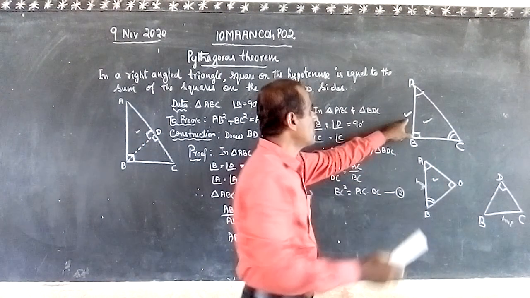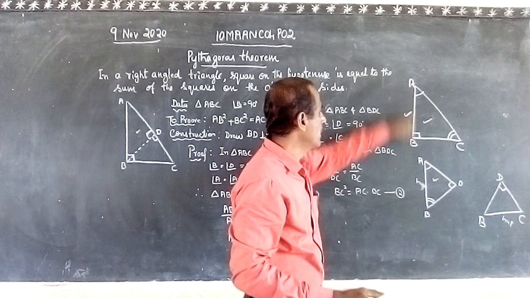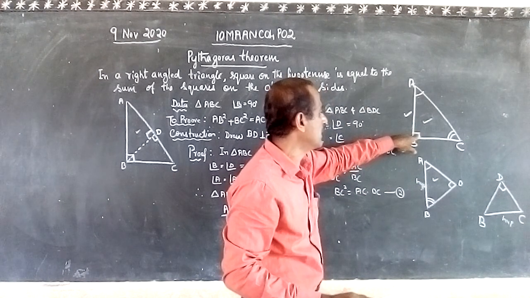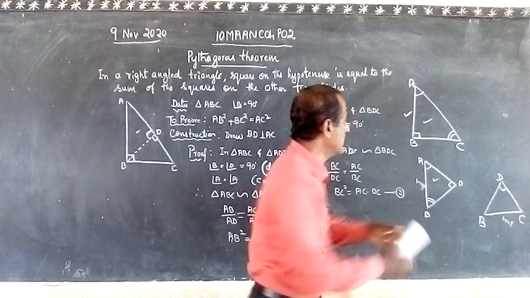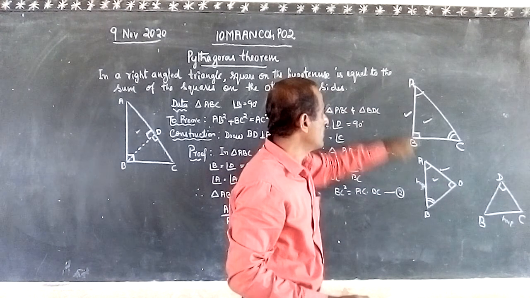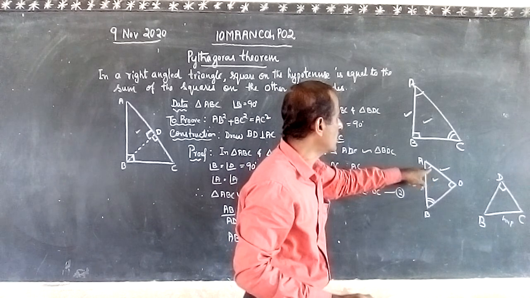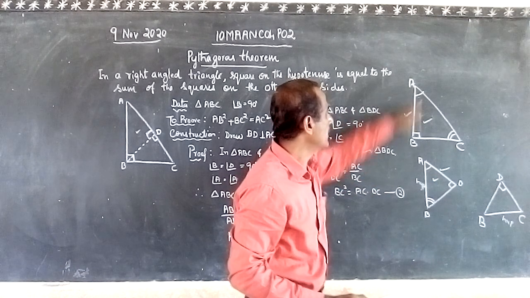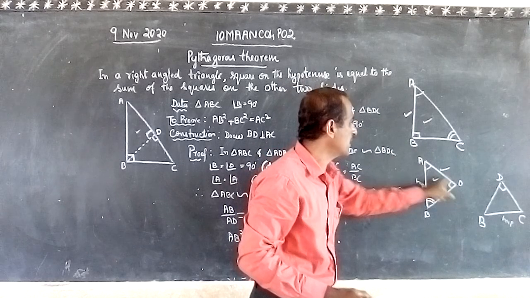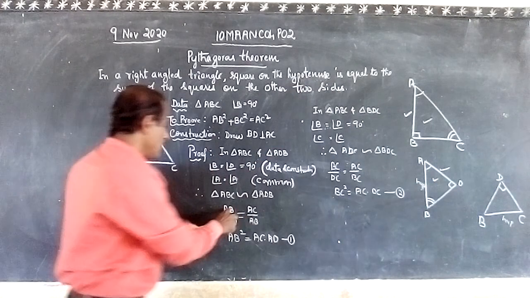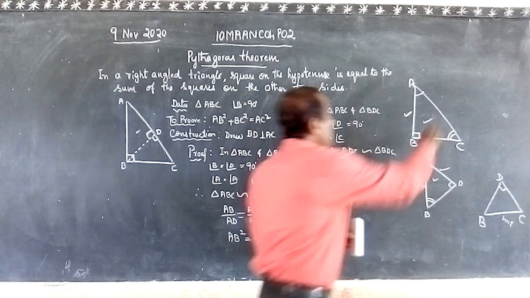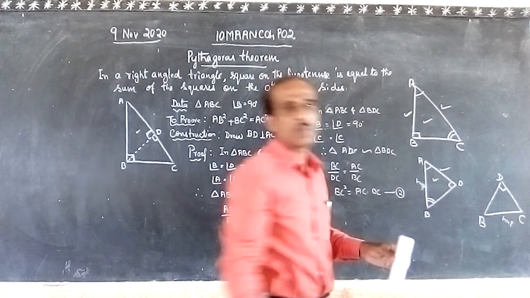What is the corresponding side of this? AB has one single line and this 90 degree. See, AB corresponds to AD, which has one line and 90 degrees here. Therefore, you can write AB in the smaller triangle is AD. AB by AD is equal to AC, which is the hypotenuse of the bigger triangle.